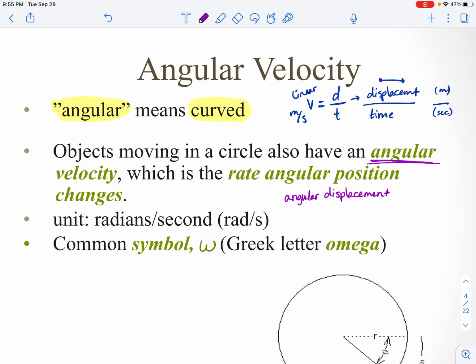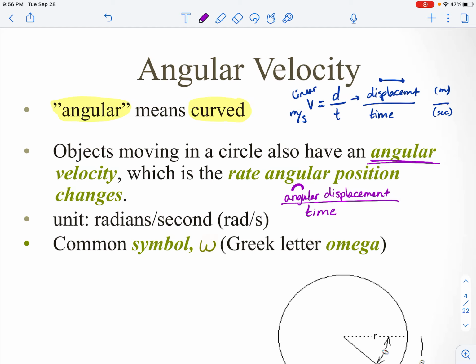So now this is going to be a how far around some curved pathway. Angular displacement, curved displacement. It's still going to be over time. And so this is velocity, but it is curved velocity.